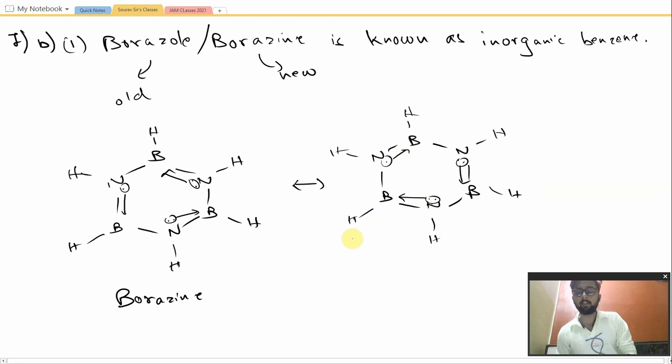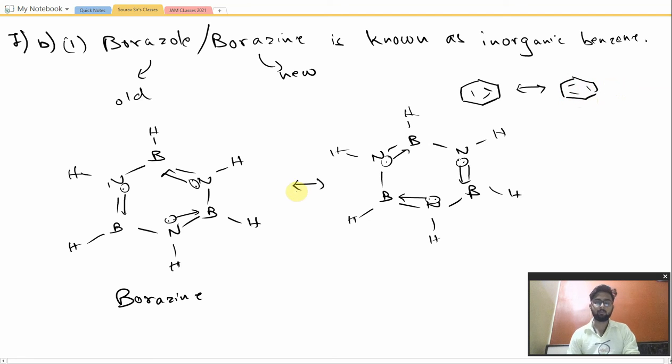So two canonical forms are there in accordance with benzene, because we know that benzene has two canonical forms. If we write the Kekulé structure of benzene, the Dewar structure is different, but that is a different concept. We are not going into structural isomers. Similarly, two canonical forms for borazine are also possible.